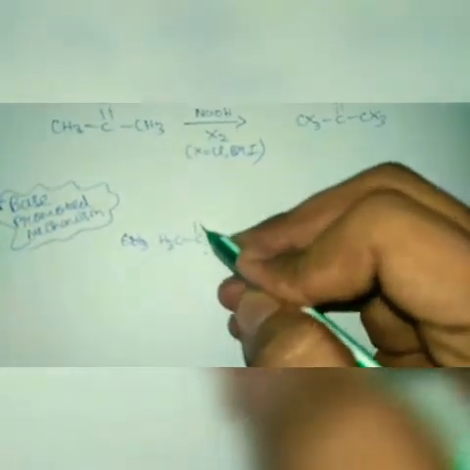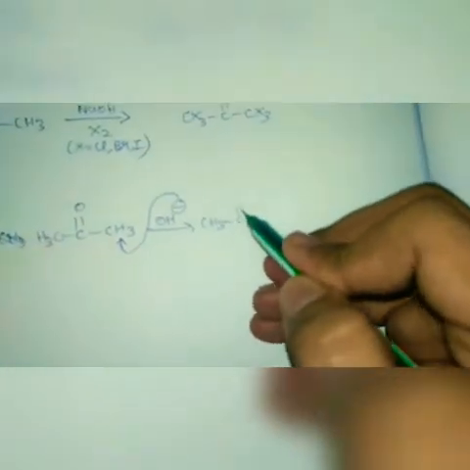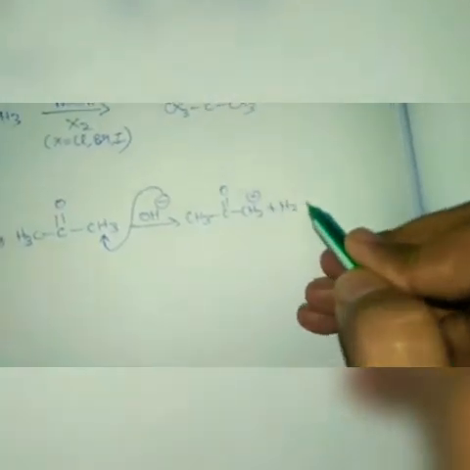First I'll write like this, H3C, because carbon is bonded to carbon, right? OH minus ion. So be careful. As the molecule is symmetric, the attack can take place here or here. So it will be CH3 C double bond CH2 minus plus H2O, is the first step happening.